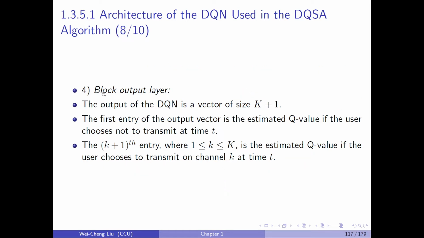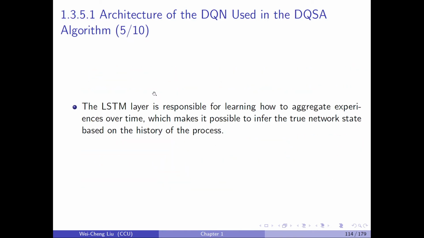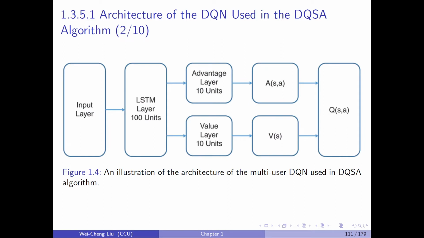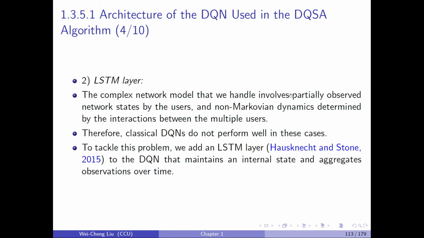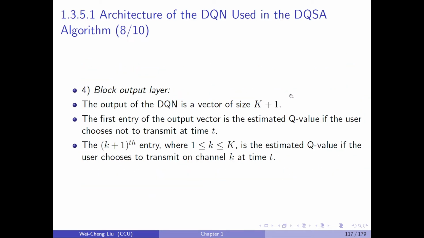Let us return to the block output layer, this Q of S, A. The output of the DQN is a vector of size capital K plus 1.